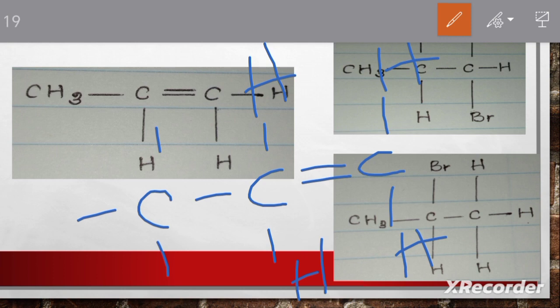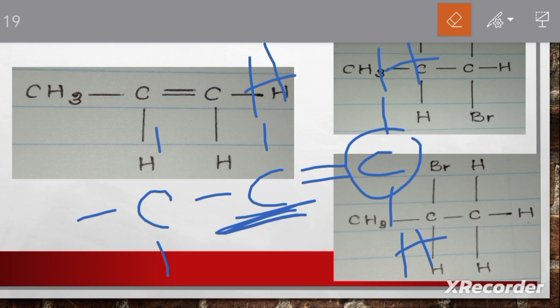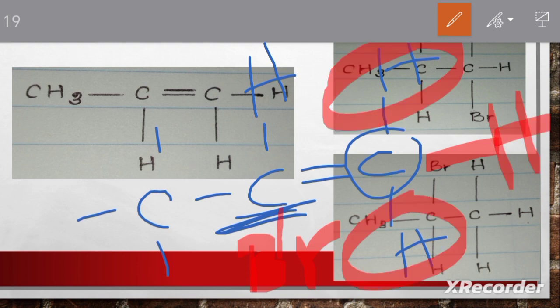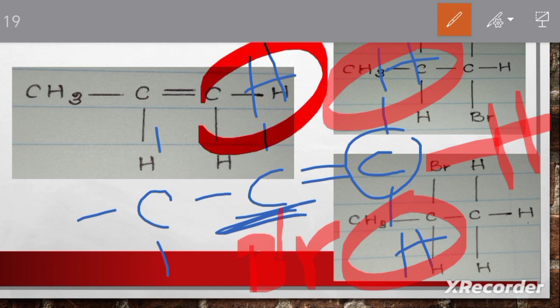Only one adjacent carbon is there. For this carbon, only one adjacent carbon is there. Right? I have missed the hydrogen here. So we have to add bromine here and hydrogen here, because there are more hydrogen for this and fewer hydrogen for this.